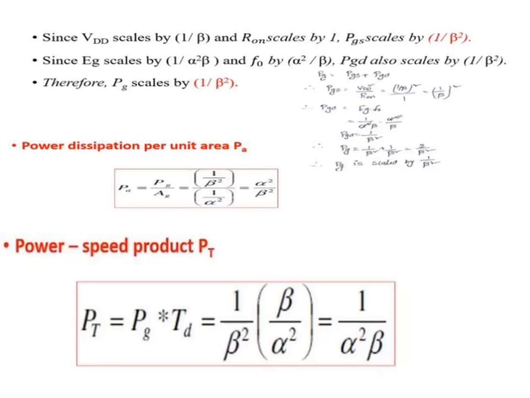Power dissipation per unit area: the total power dissipation per area comes to be alpha square by beta square. Power speed product, Pt, equals Pg multiplied by the time delay, so the factor becomes 1 by alpha square into beta.